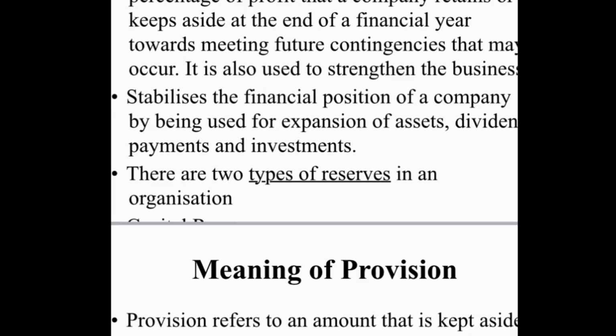Now out of 9,000 you purchased a bike, and for the bike every month you have to pay 1,000. So the balance left in your hand is 8,000.